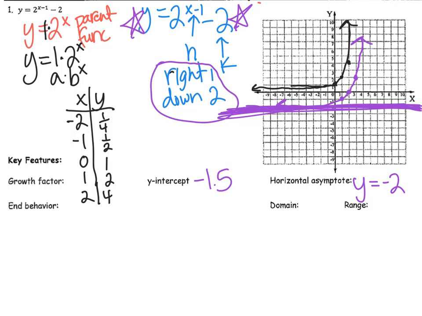So what I'm doing today is I'm taking graphs and I'm shifting them and moving them right a little bit, up a little bit, down a little bit. That's what this lesson is. My domain is all real numbers. And my range is any number bigger than negative 2. Bigger than my horizontal asymptote. Bigger than my imaginary fence. Isn't it?